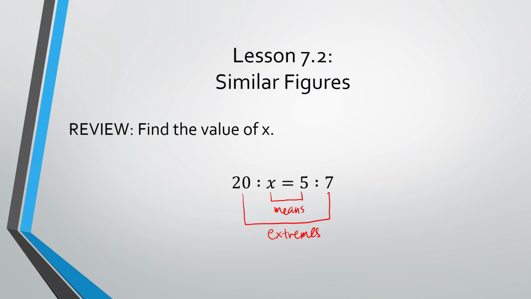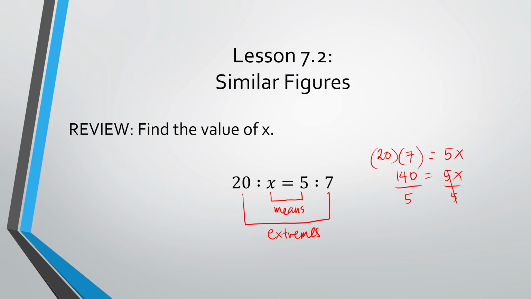The part that is all present is the extremes, so you have to multiply this one. 20 times 7 is equal to multiplying their means, so 5 times x, or 5x. Then 20 times 7, which is 140, is equal to 5x. Then divide both sides by 5.